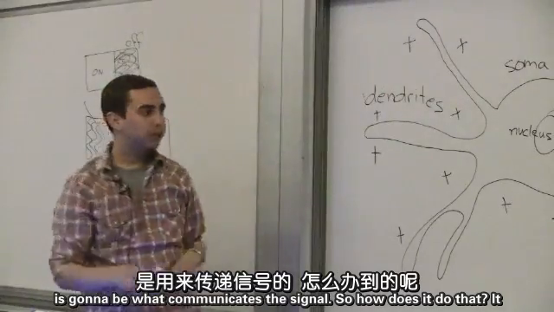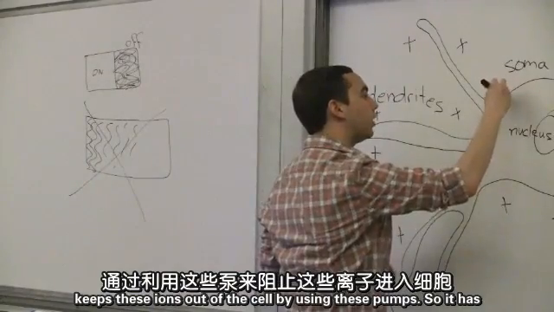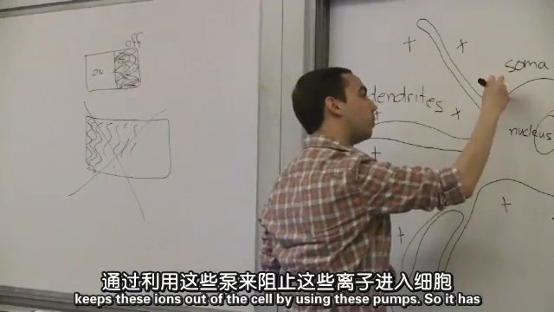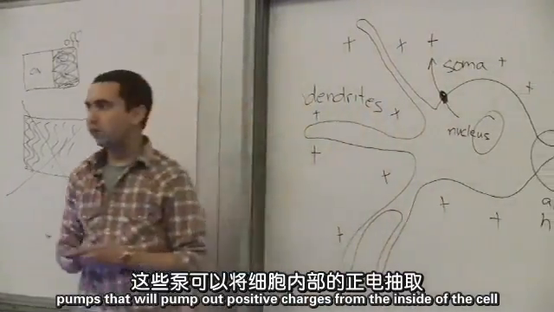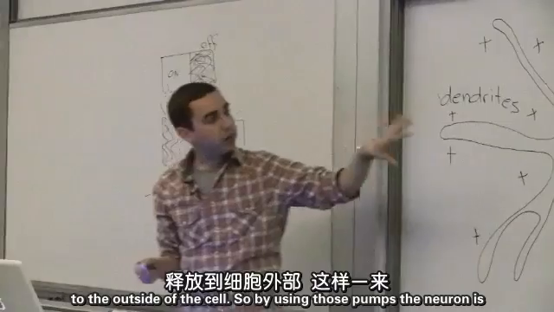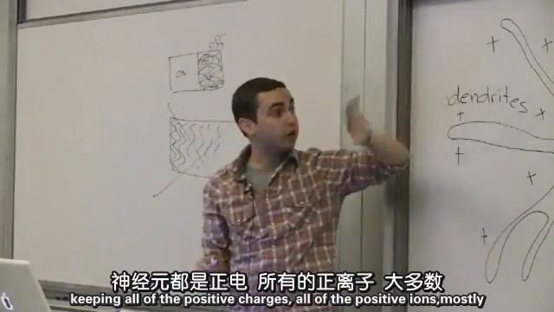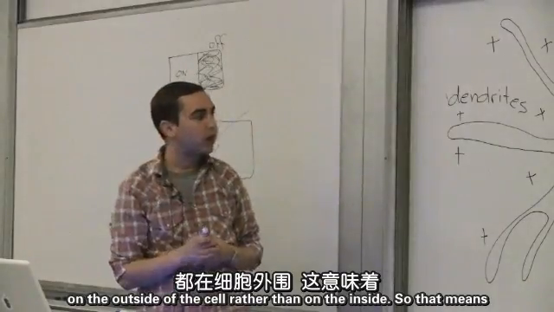So how does it do that? It keeps these ions out of the cell by using pumps. It has pumps that will pump out positive charges from the inside of the cell to the outside of the cell. So by using those pumps, the neuron is keeping all of the positive ions mostly on the outside of the cell rather than on the inside.